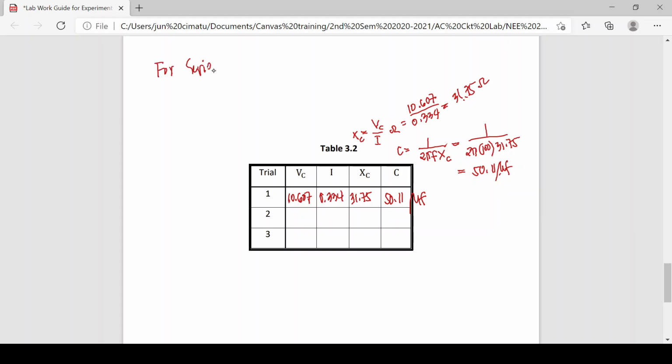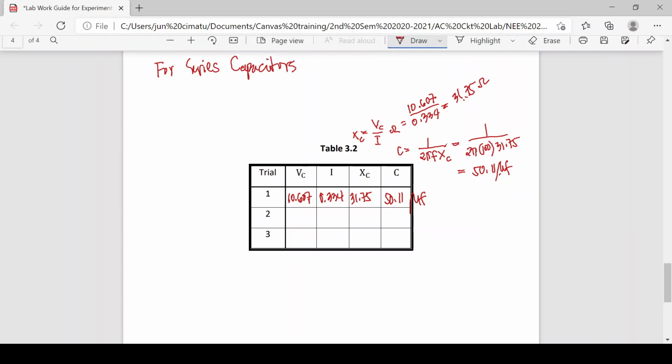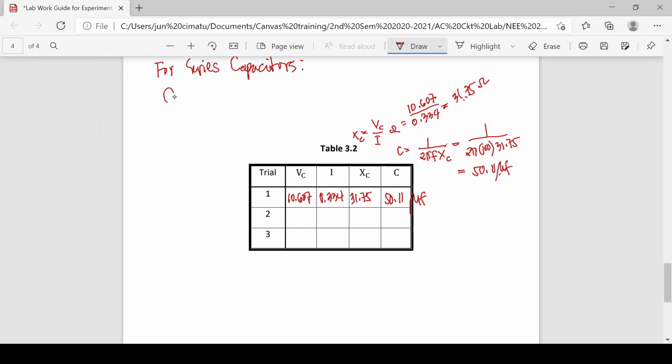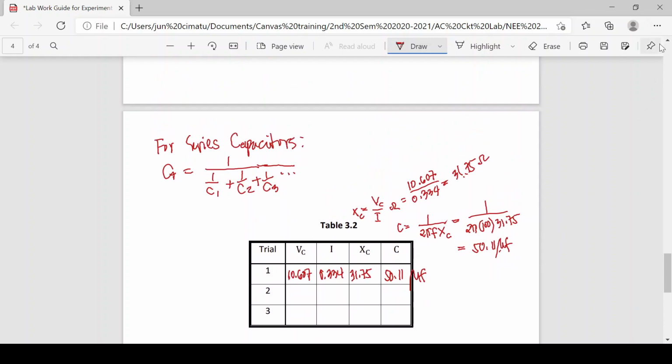For series, the C total is calculated as 1 over C total equals 1 over C1 plus 1 over C2 plus 1 over C3, and so on.